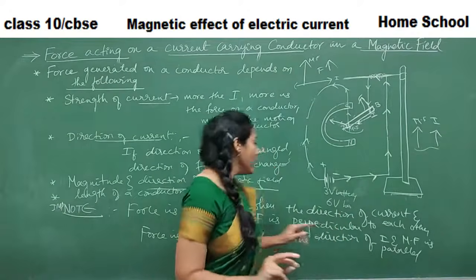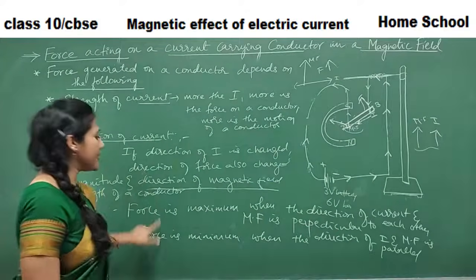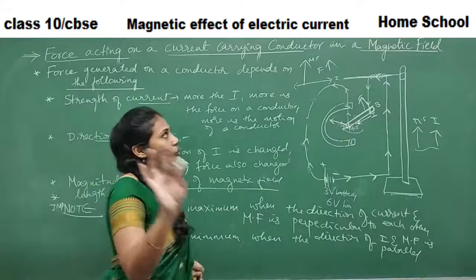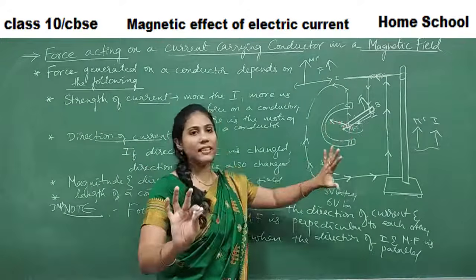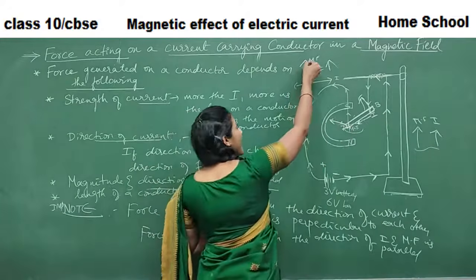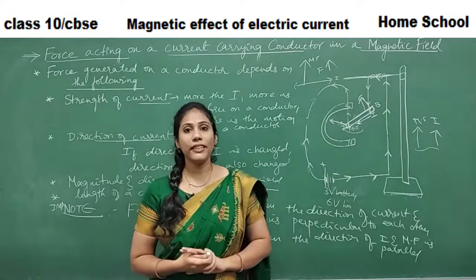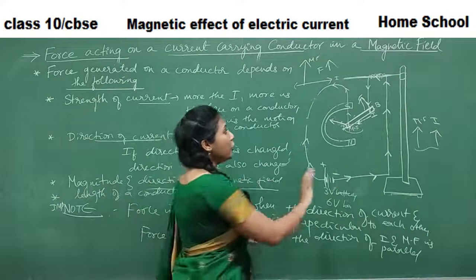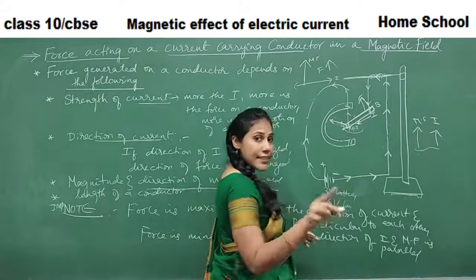Clear, everybody? So the two important points that you should remember compulsorily are these. You observe maximum force, maximum displacement of a conductor, when the direction of magnetic field and the direction of current is perpendicular to each other. When do you observe very much minimum force, very much less force or zero force?